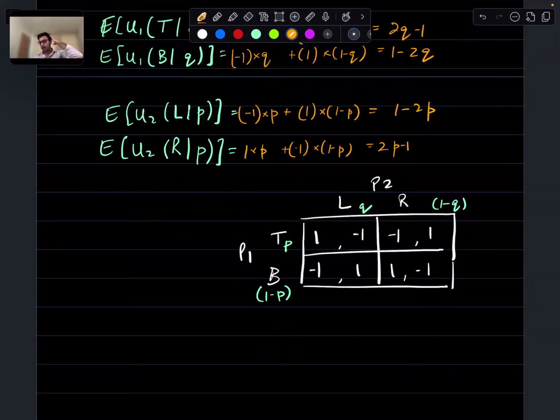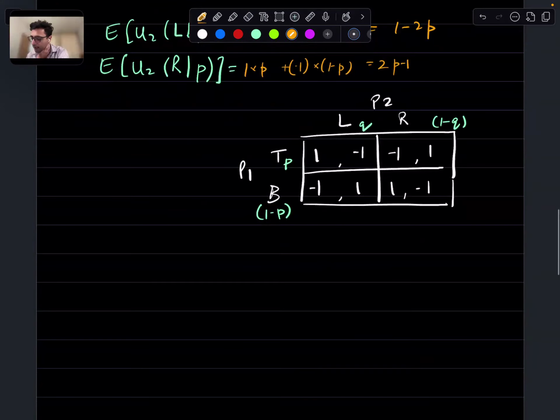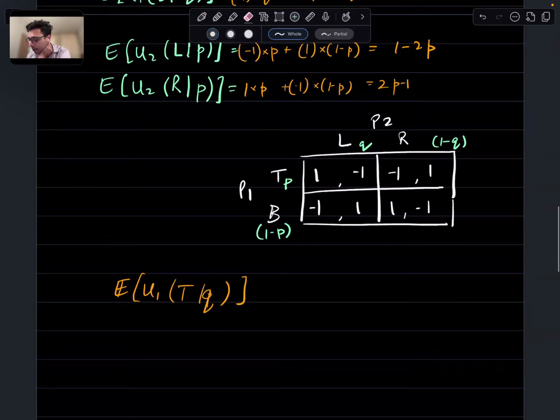Okay, so for player 1, when is the expected utility of player 1 from choosing top greater than the expected utility that player 1 gets from choosing bottom?